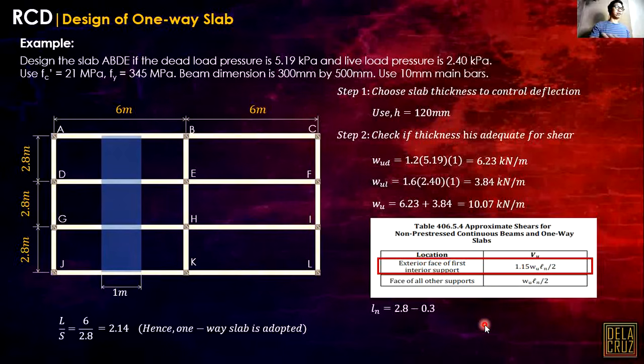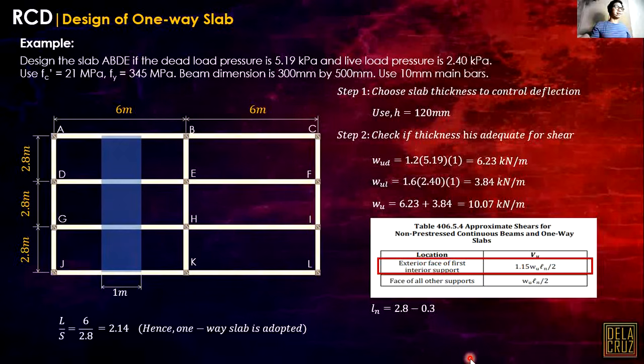What do you mean by clear distance? Okay, so for LN here, if the center to center length of the slab is 2.8, then we must subtract half of the beam here and half of the beam on the other side. Okay, so take note that the beam width is 300 millimeters. That's why our LN automatically will be 2.8 minus the beam width of 0.3.